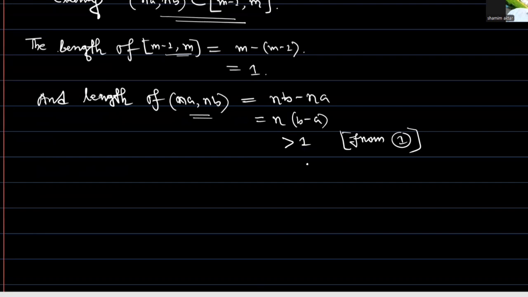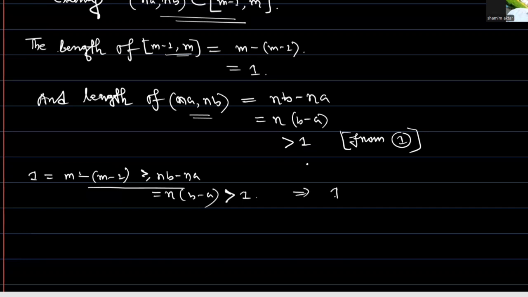We can also show this mathematically: 1 equals m minus 1 minus... this interval contains the other, so this inequality holds: 1 is greater than or equal to nB minus nA, which equals n times (B minus A). From equation 1, this is strictly greater than 1.